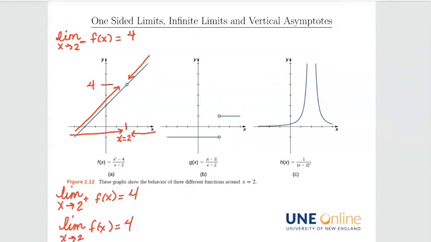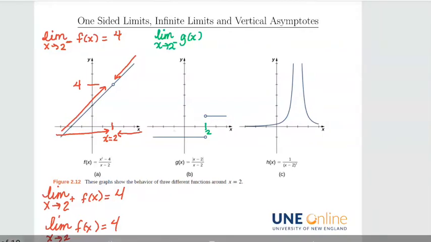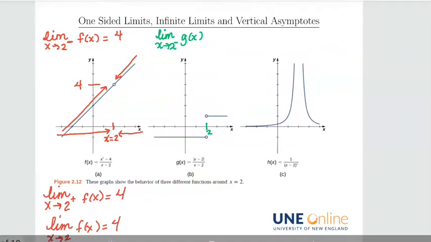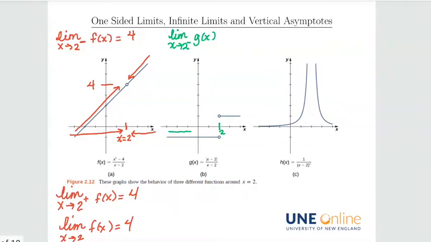Let's do the same analysis in the second graph. So here's x equals 2, and let's see what's happening with the limit as x approaches 2 from the left of our function, and our function now is g of x. Well, the function value is staying constant, and y is equal to negative 1.